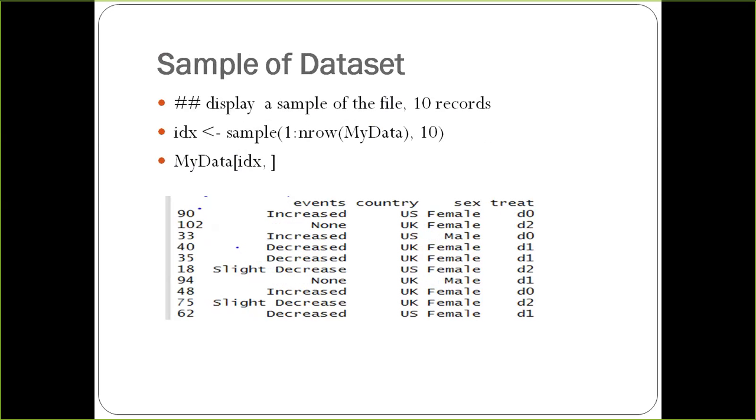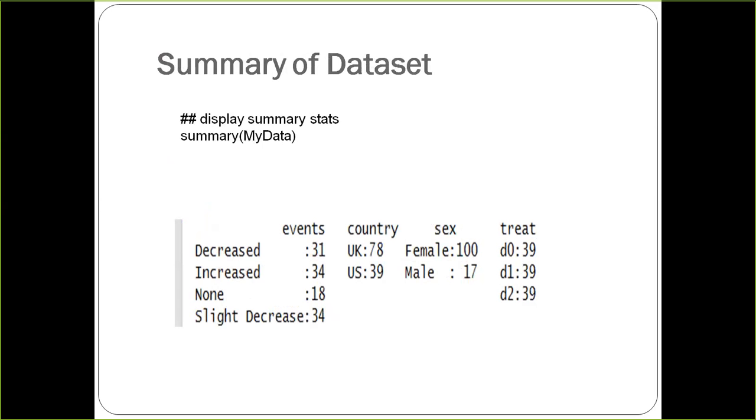A little more information on the data set. This is the summary. So when we look at it, how many patients had decreased events, increased number of events, which basically stagnated, and then some of the patients had slight decreases based on their treatment.